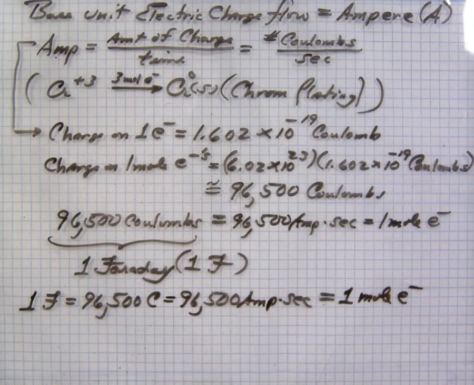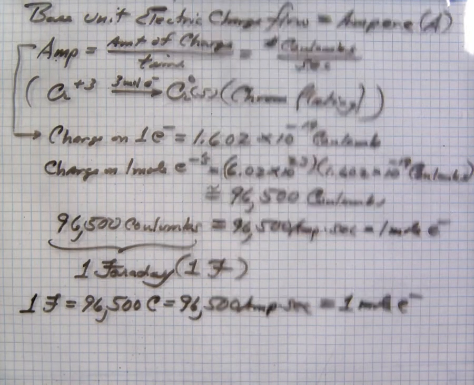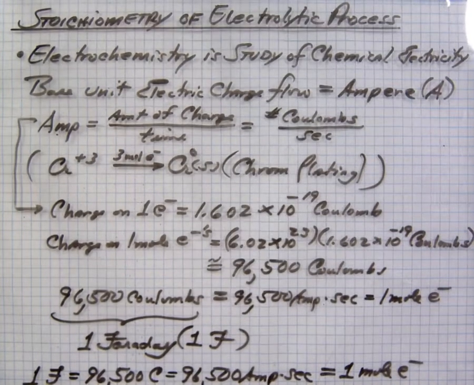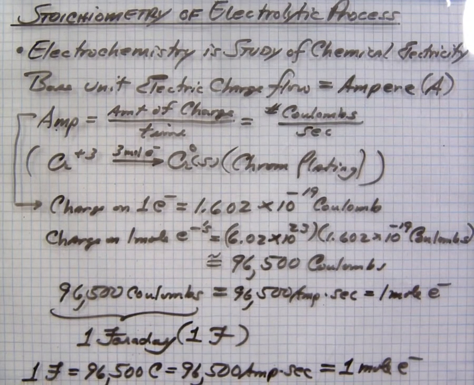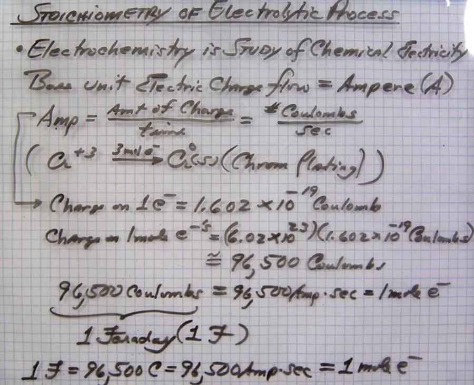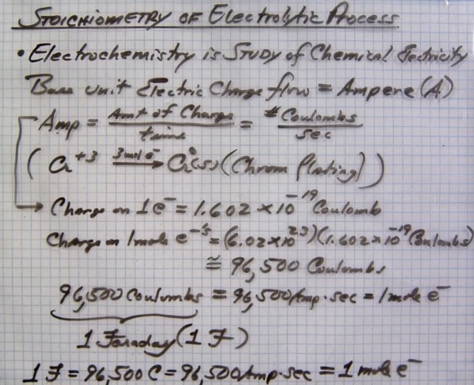So we're going to apply a certain amperage to generate enough moles of electrons to electroplate metal onto a surface. So in calculations that deal with the stoichiometry, we're going to use this extensively to calculate time or amounts of material that is going to be involved in electroplating.